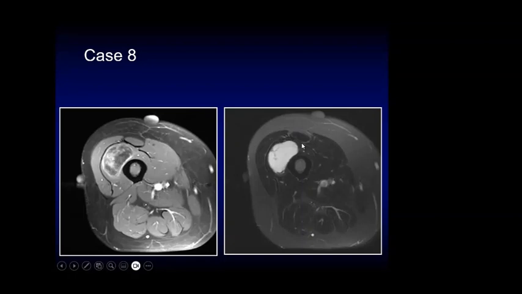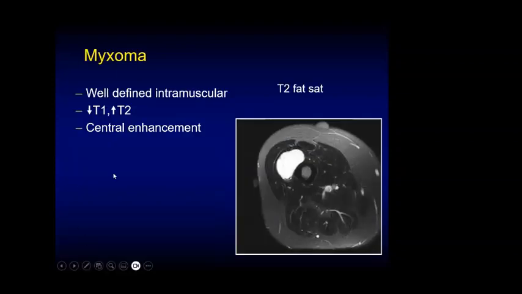Okay, so if we have a mainly fluid signal intensity mass with central enhancement, what do we call it? يعني ممكن ganglion، أو myxoma. Yeah, this is a myxoma.